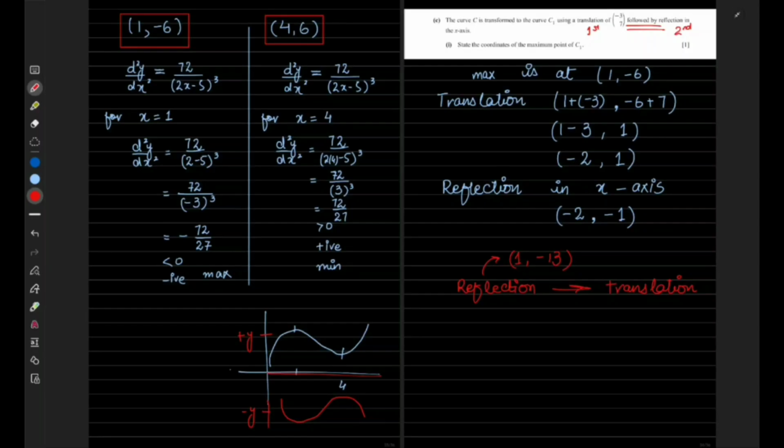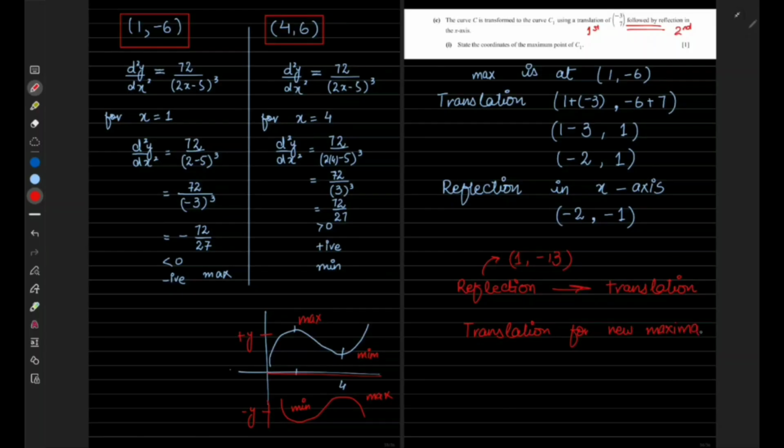But I'll let you know what happens if you get a question where reflection happens first. That means this reflection has happened first, so your first maxima becomes minima, and your minima becomes maxima. And now you will find the translation for the new maxima.